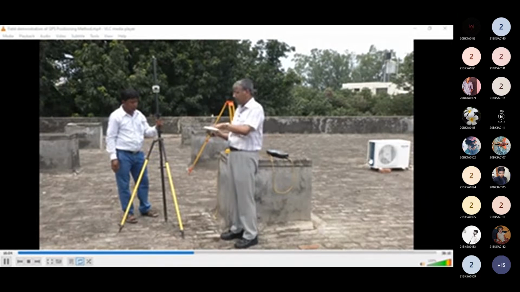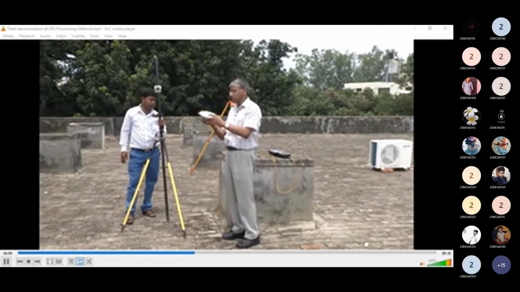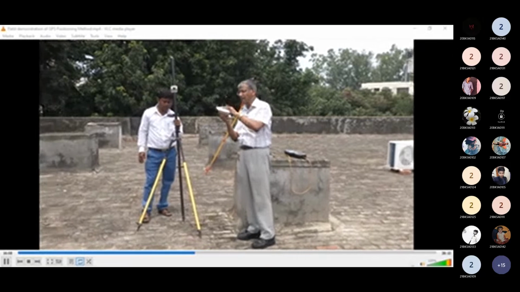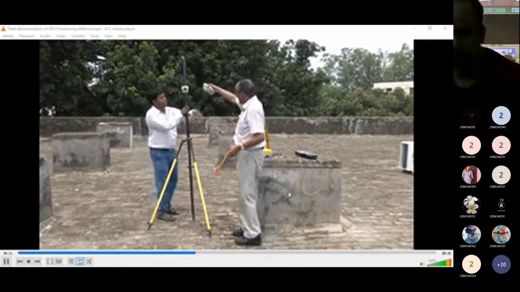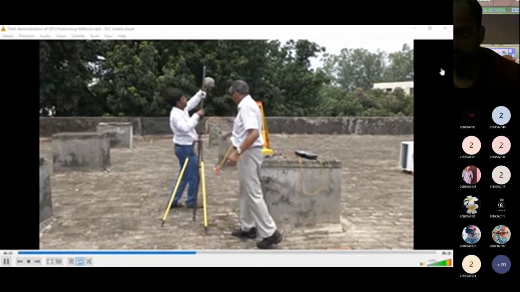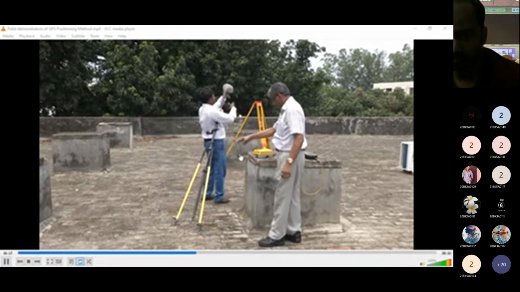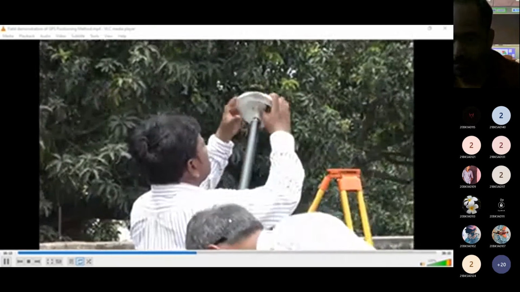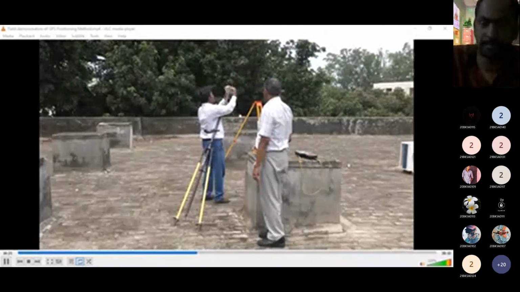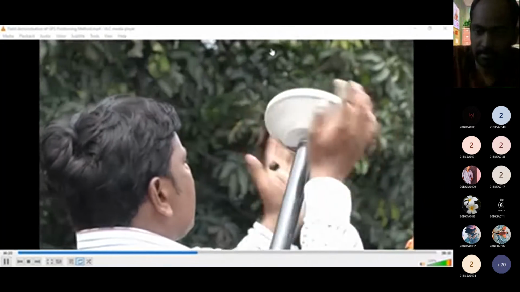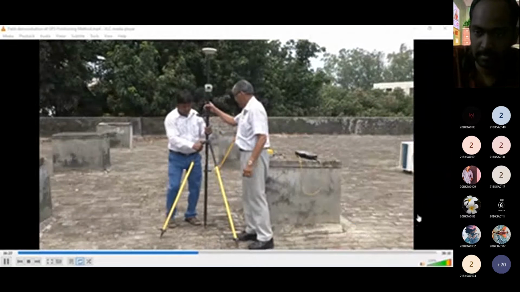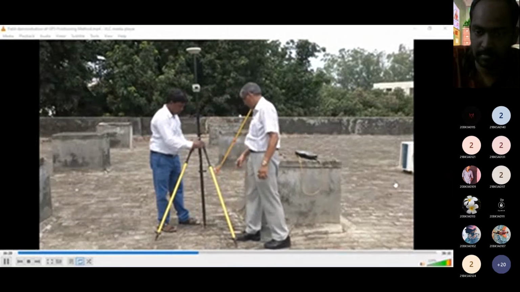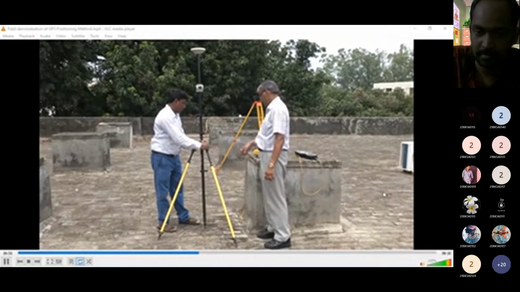First, this is a rover antenna, which will be fixed with a vertical stand having two legs, called bipod legs.